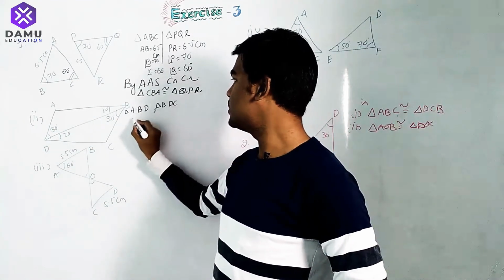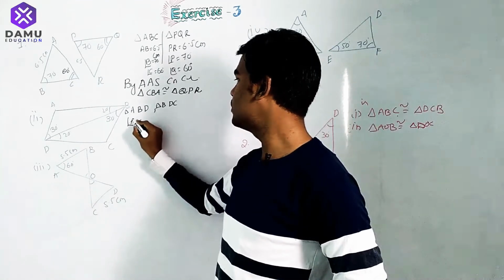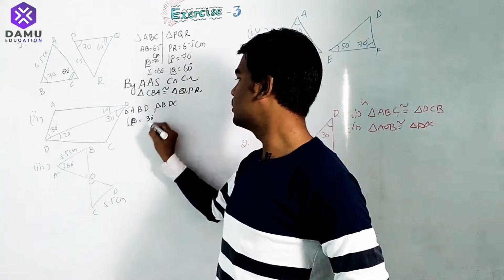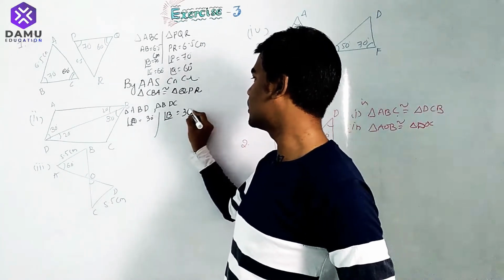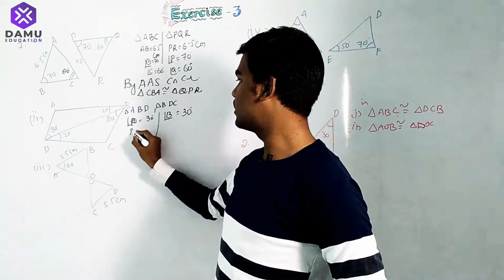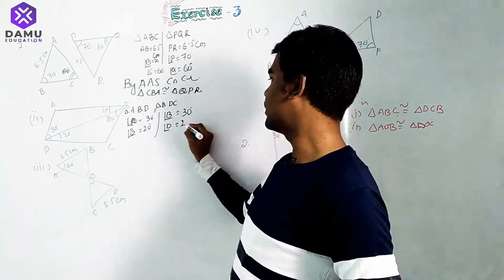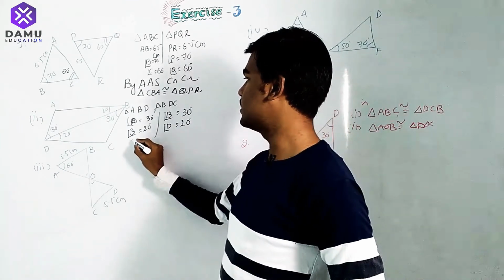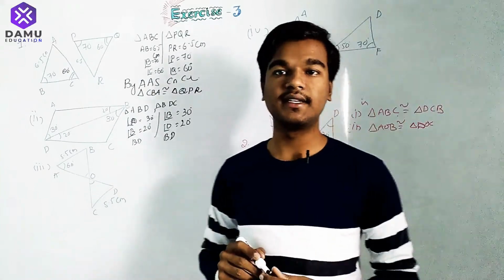In ABD, angle D will be equal to 30. The corresponding angle, angle B, is equal to 30 degrees. Then angle A will be equal to 20, and angle D will be equal to 20 degrees. In both triangles the common side is BD.